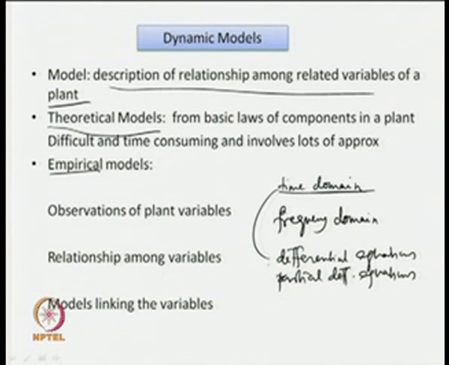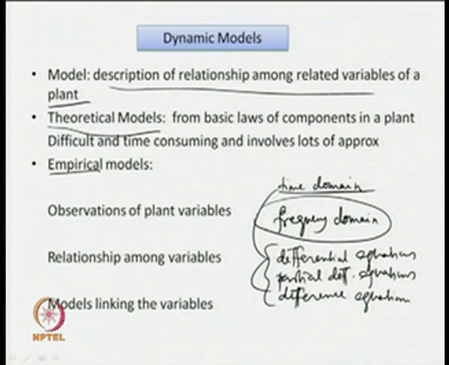Again, we can have, in digital form, the model available in difference equation form. So, all these forms of representation of a model of a system are in time domain. In frequency domain, generally the models are expressed in the form of transfer functions. Some assumed form of transfer functions is taken to represent the dynamics of a process behavior.